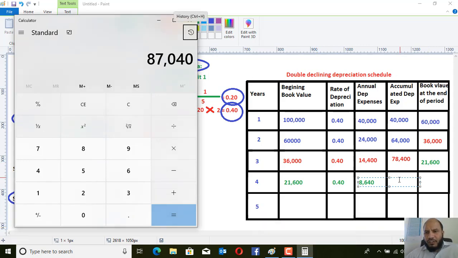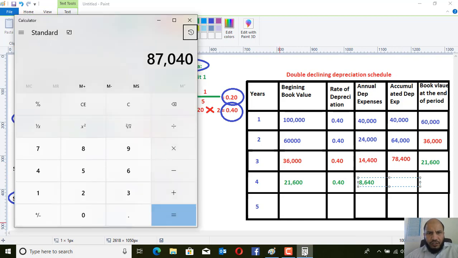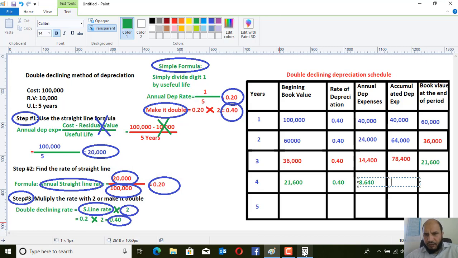Okay dear students, now we add 87,040 into the accumulated depreciation.